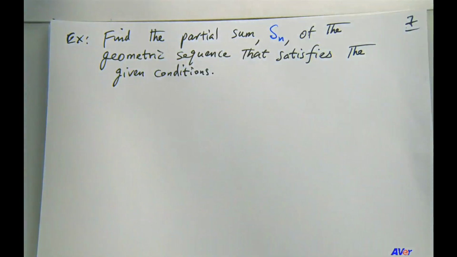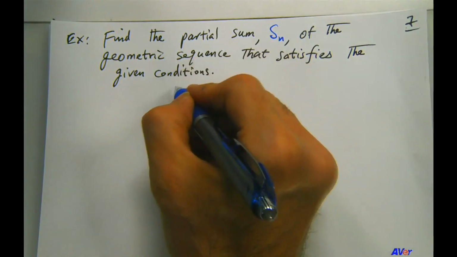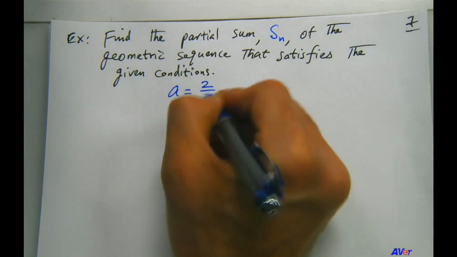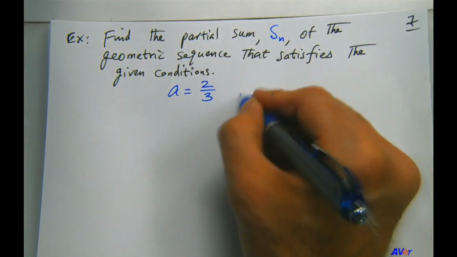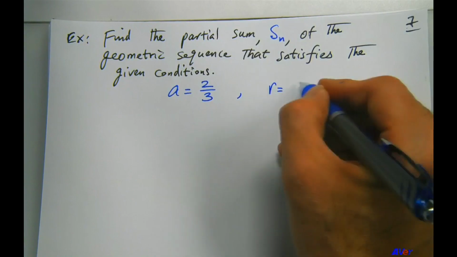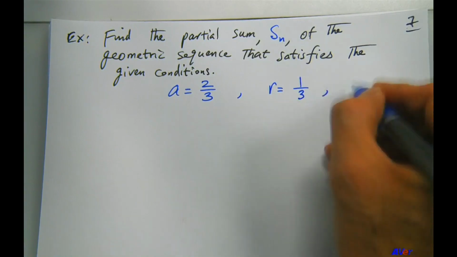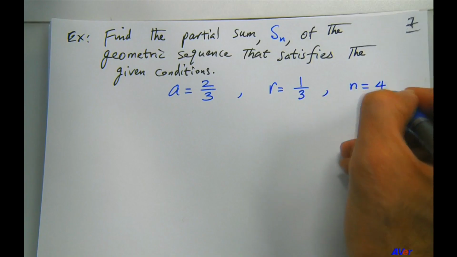And here are the conditions we have. The first term is 2/3, we are told. The common ratio is 1/3, and n is equal to 4.